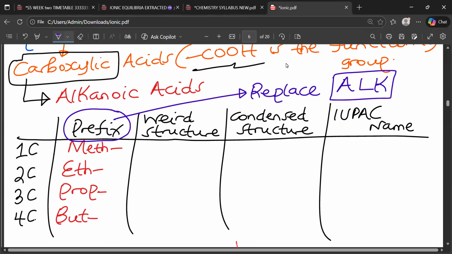Just that. In every compound, and trust me, all compounds in chemistry have this word alk. It is you who decides to call alcohols alcohols, but a student who passes organic chemistry calls them alkanols.